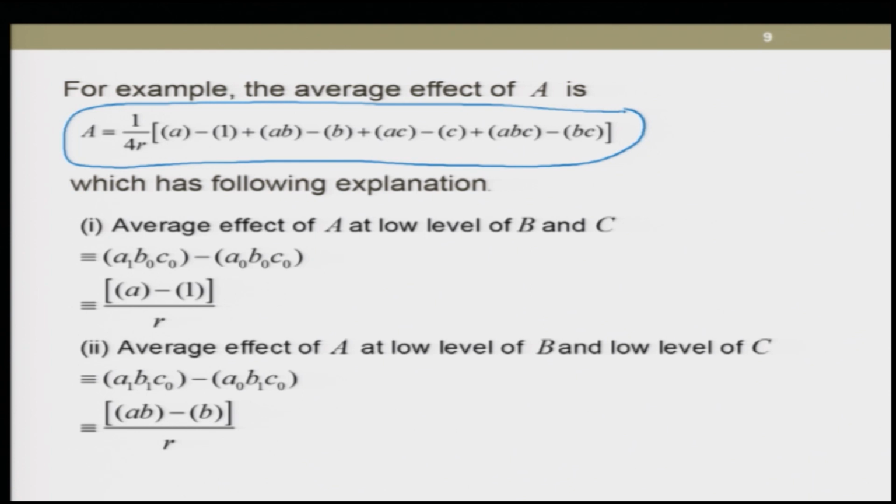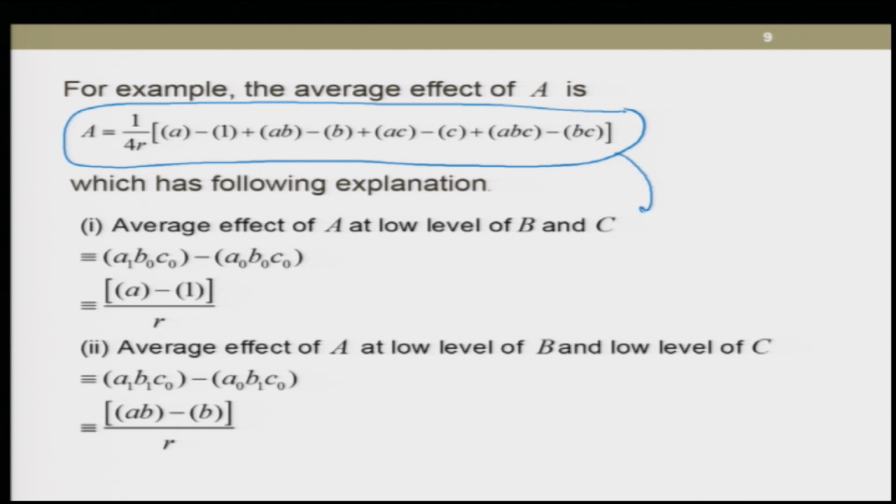Since that was a 2 square factorial experiment, it required a smaller space and I could show you all the algebra on the screen very clearly. But now, since I am going with the 2q factorial experiment, and for higher order factorial experiments, showing all those expressions on the screen becomes difficult.